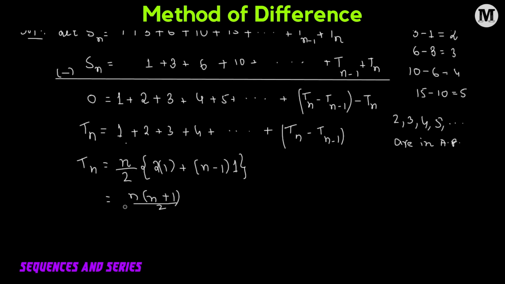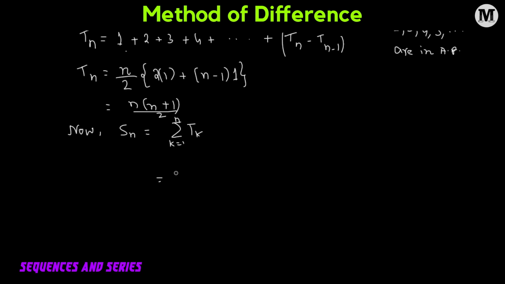Now that we have the nth term of the series, we are ready to find out the sum. So now the sum Sn is given by summation Tk. All we have done is replace the index n with k, and k goes from 1 to n. Okay, now we have summation Tk, but instead of Tk, we'll use this nth term of the series.